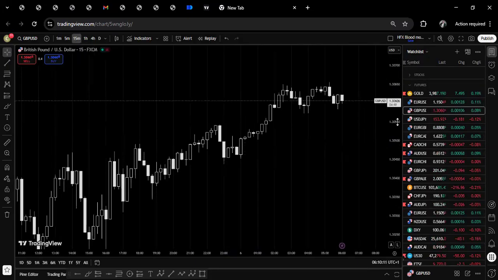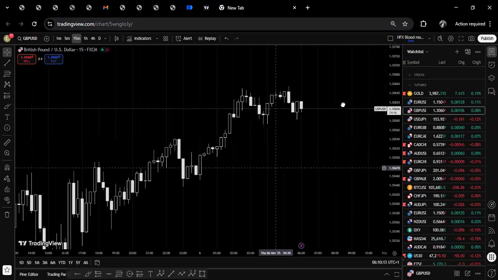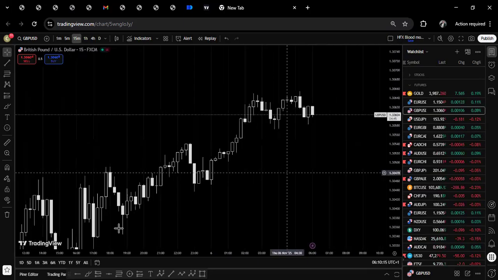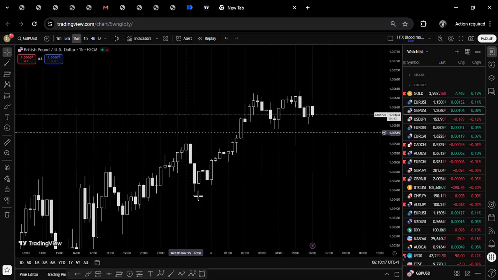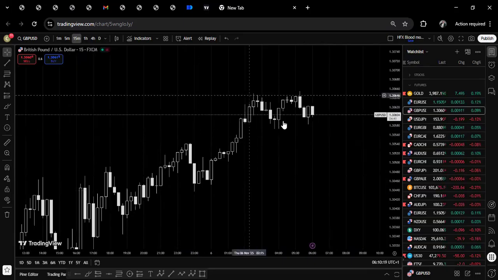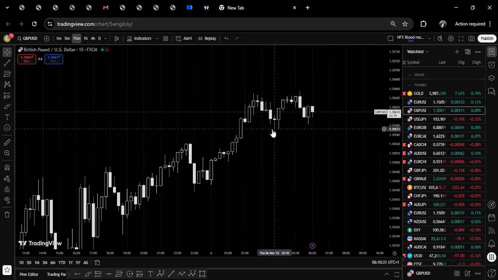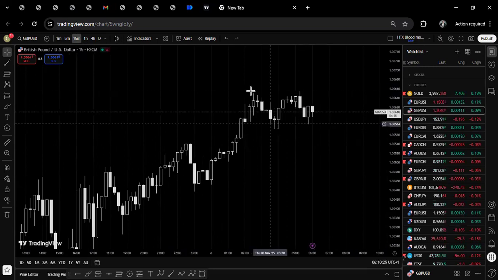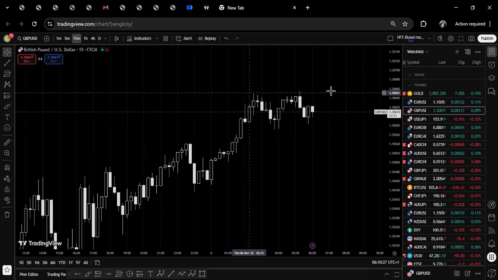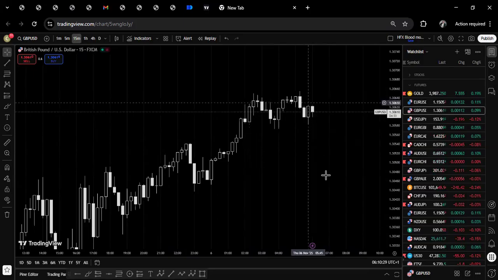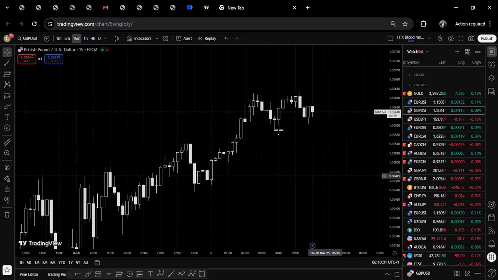Now the trend is making sense. As you can see, a low, a high, a low, a high, a low, a high. So I'm seeing equal highs here, which can also drive this market a little lower.